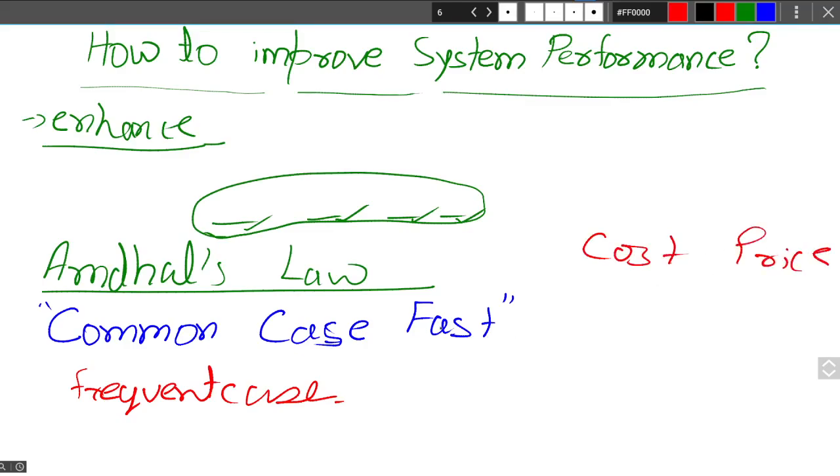See, cost is your manufacturing cost, and price is your market price.